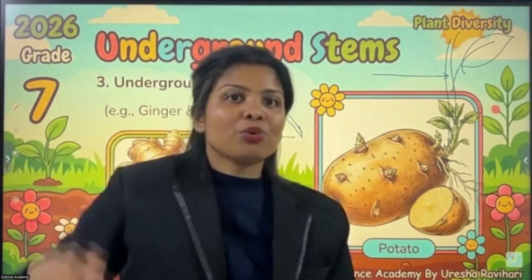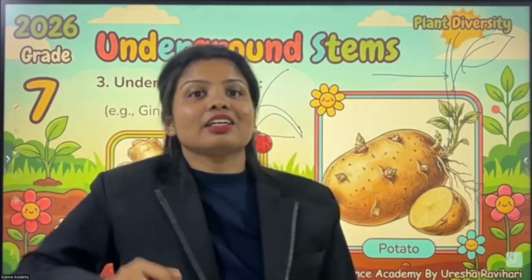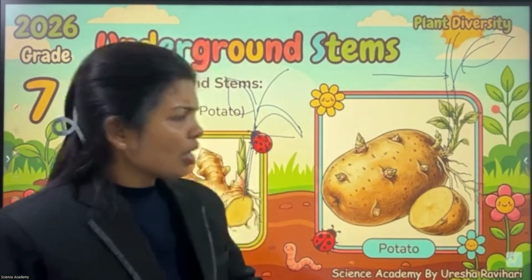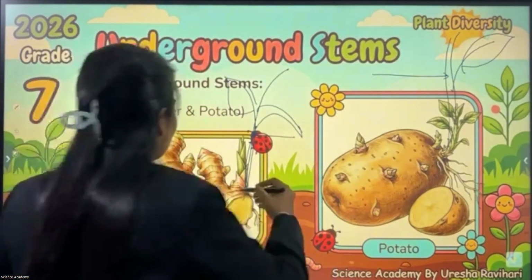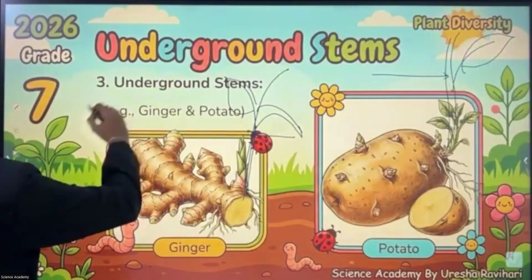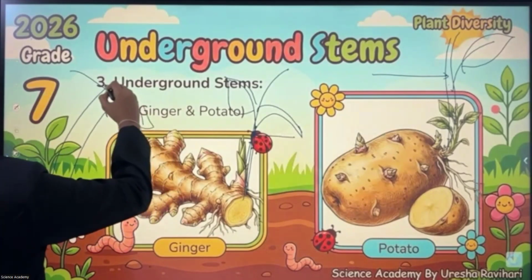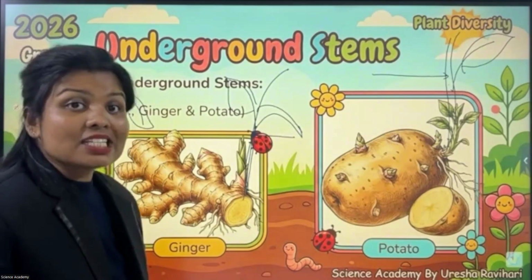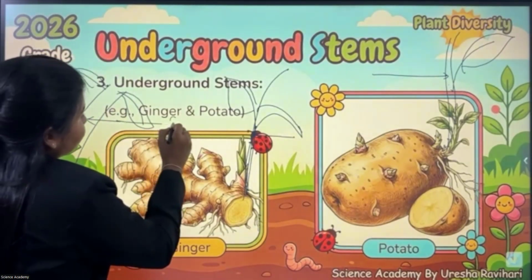The big one that we can see, these are the leaves and we feel that this is the stem. Children, this is a fake stem.